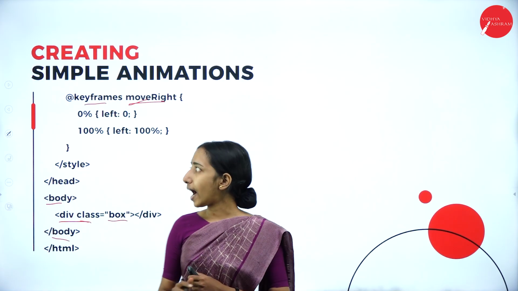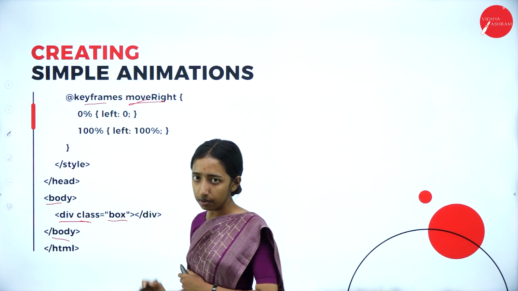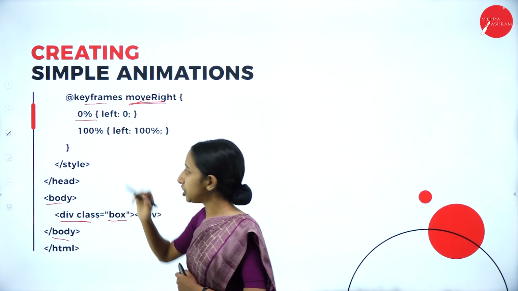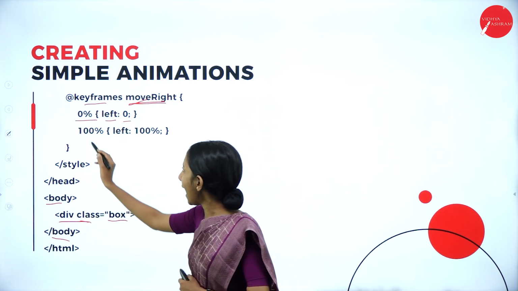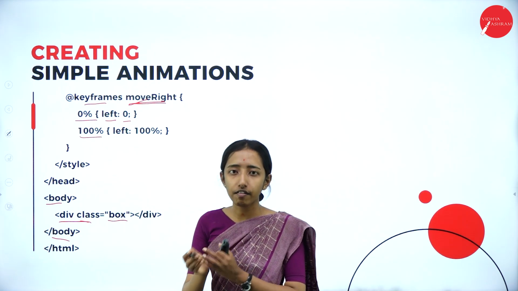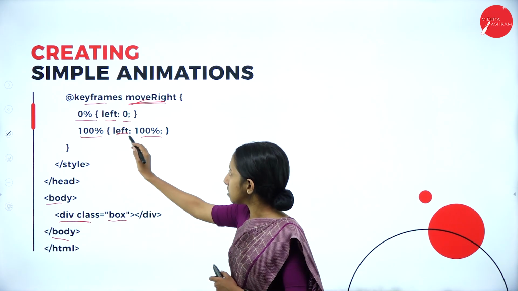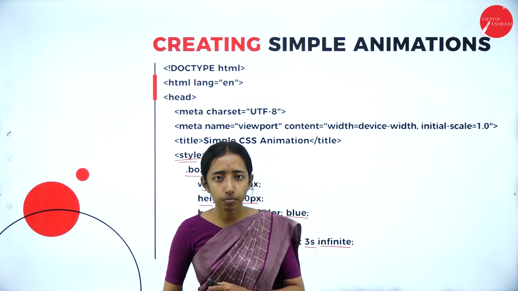How? Here we have taken @keyframes move right, and I am giving the initial stage left 0 and the end stage, that is 100%, left 100%. So this is done, and here I have applied the animation property.